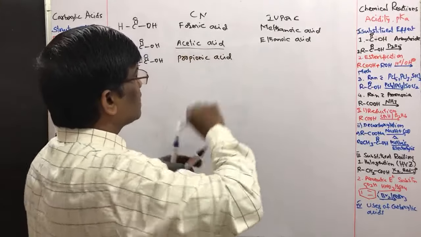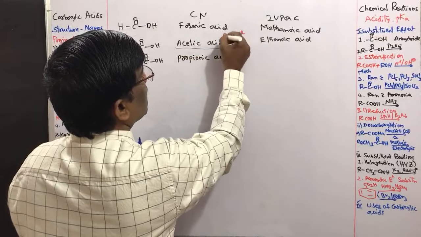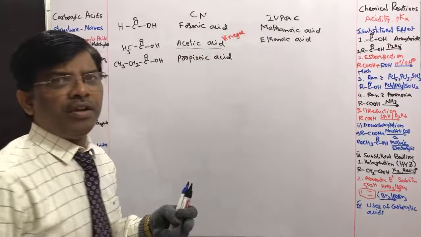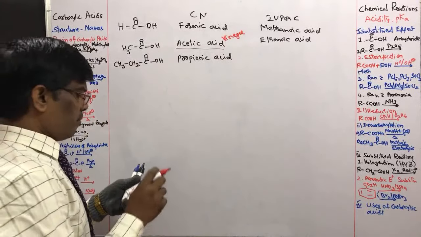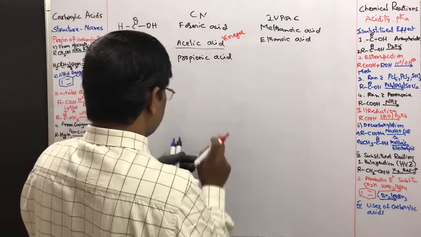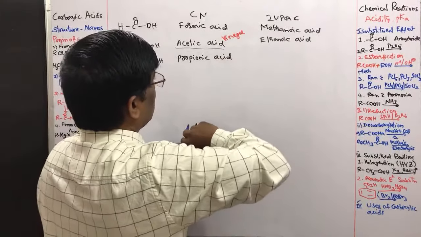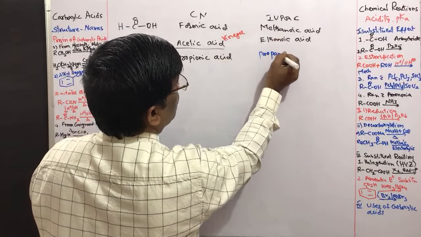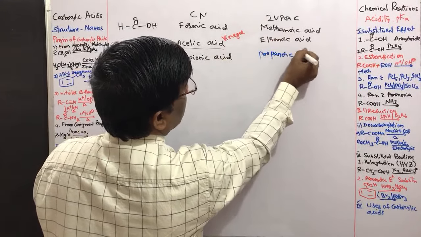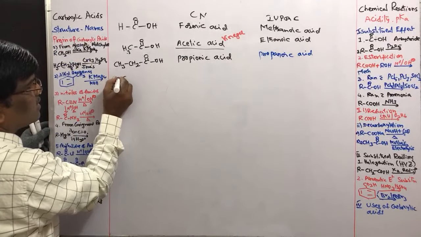Acetic acid is vinegar, which you use as a food additive that gives a sour taste. Acids have a sour taste. The IUPAC name of propionic acid is propanoic acid.